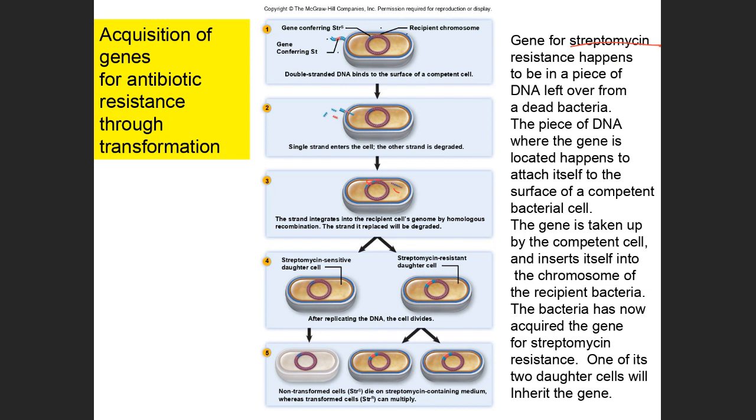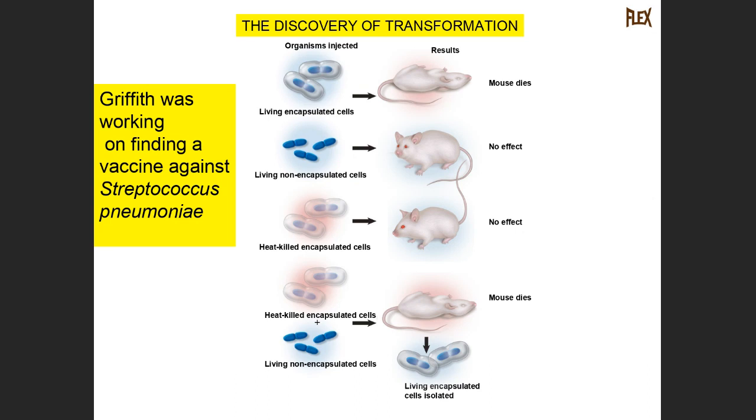So that's something about competency too: the gene that's acquired is not a plasmid, it becomes part of the chromosomal DNA. So at least in some instances, we know that's how some bacteria become either resistant to antibiotics or, in this case, pathogenic.